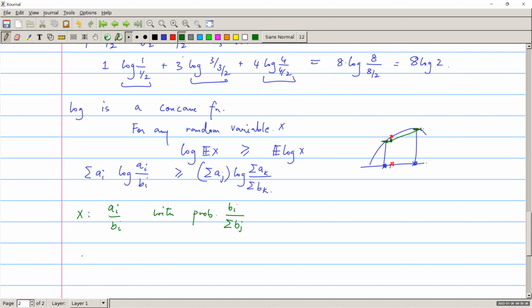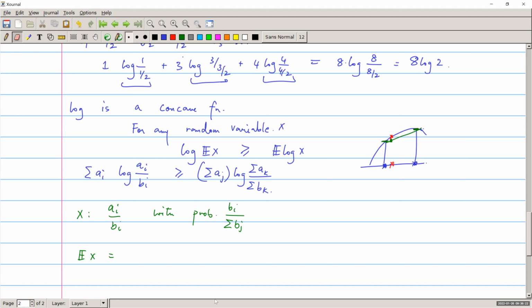Okay, what is the expectation of X? It would just be the summation of b_i over summation of b_j times a_i over b_i.